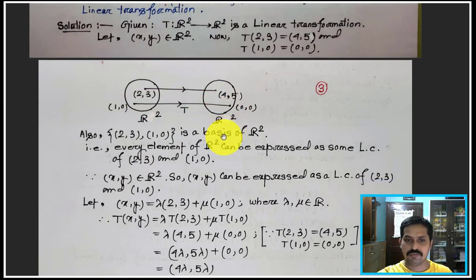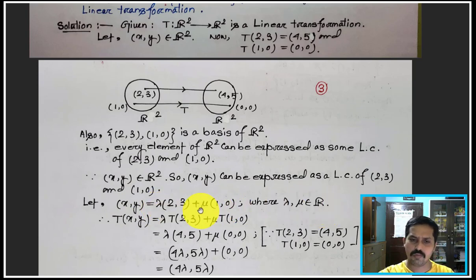Now we have to find the function first. As this is a basis, by linear combinations of these two elements we can make R2. Again, (x, y) belongs to R2, so (x, y) can be formed from these two elements. That's why we can write (x, y) equals lambda times (2, 3) plus mu times (1, 0), where lambda and mu are real numbers.